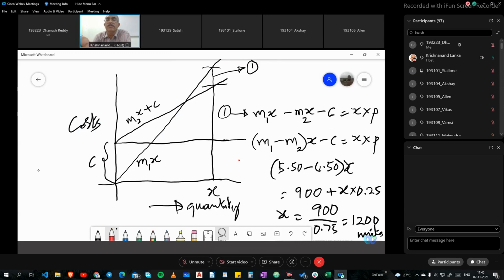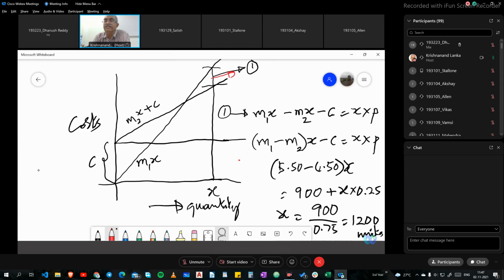So this is nothing but M1x minus M2x. M1 is the selling price, and M2 is nothing but the variable cost per unit. And P is the profit per unit. So M1 and M2 are already given, 5.5 and 4.5.